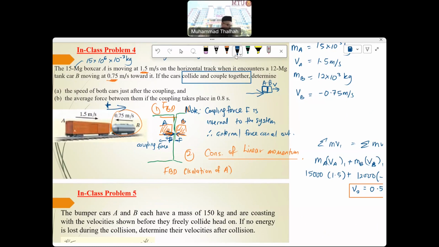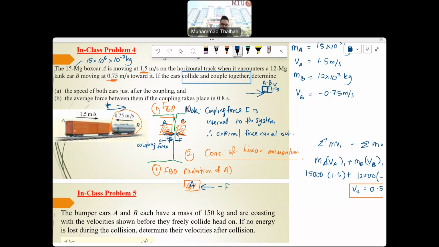So let's decide on one thing: we are going to isolate particle A. Why do we need to isolate? Because if we combine like the top free body diagram, we will not get the force. So let's pick A. This one is block A. The external force that acts on block A is the negative F there.